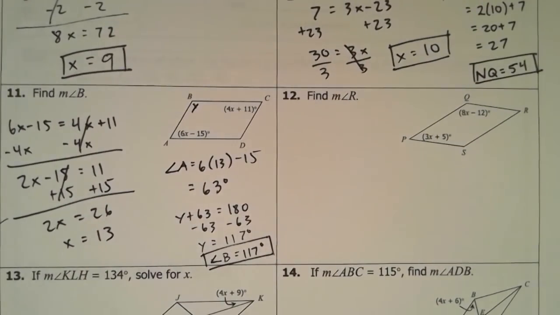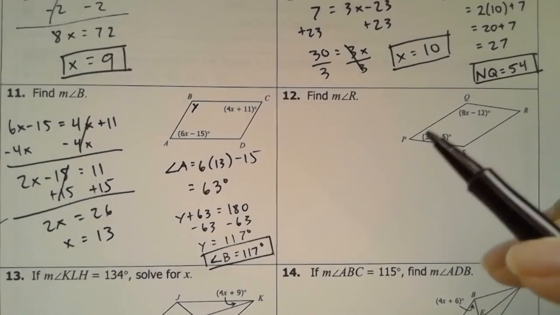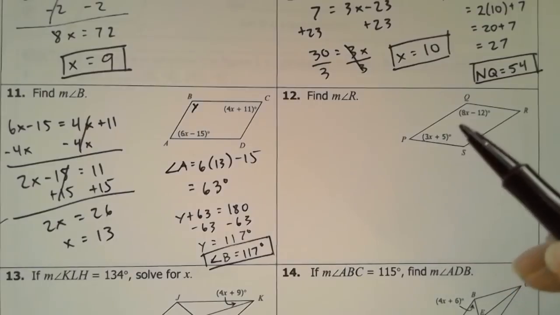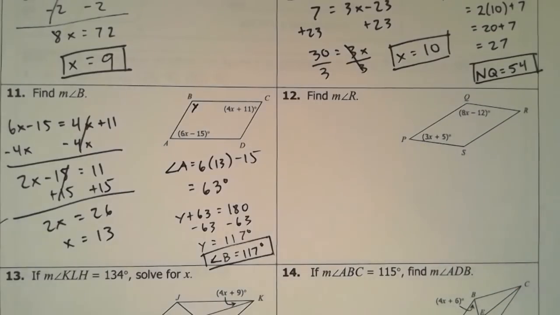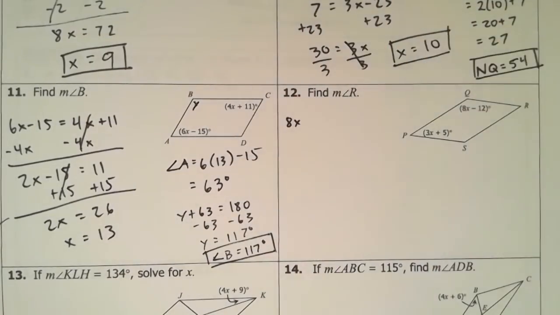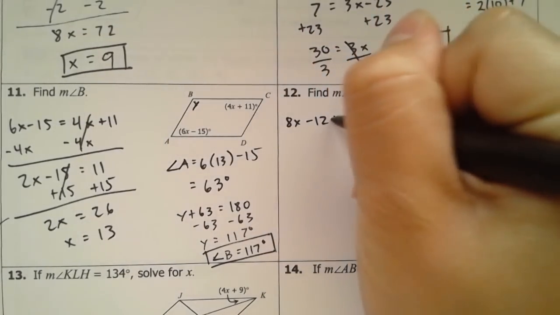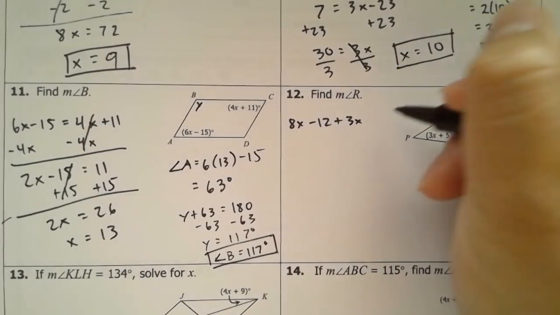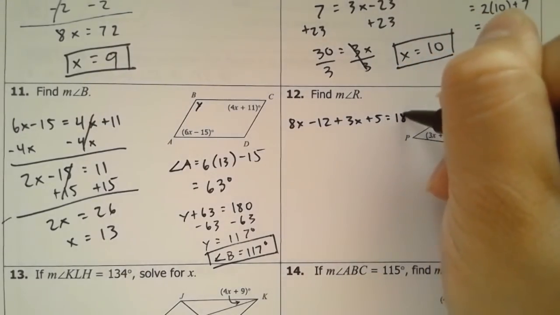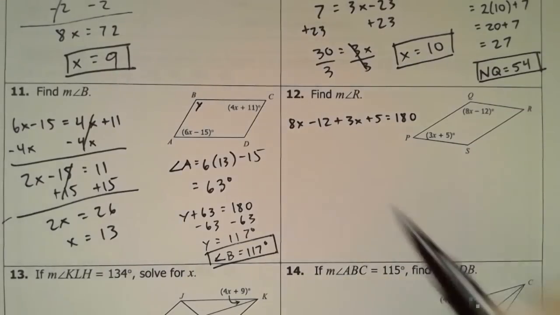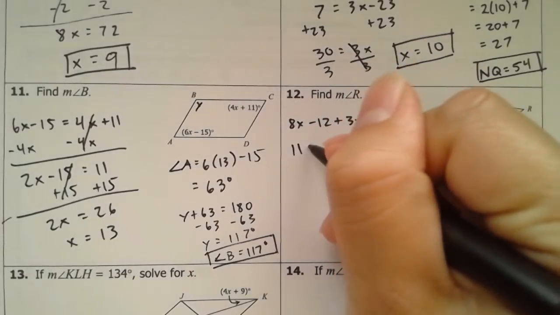To find angle R, same idea. Well, actually slightly different. So this is angle Q, this is angle P. We know that these two are supplementary because they're consecutive, they're next to each other. So 8x minus 12 plus 3x plus 5 is equal to 180 degrees. 8x plus 3x, I get 11x.